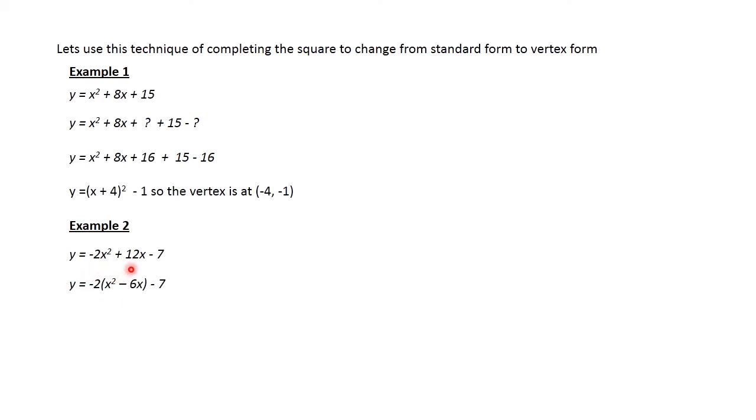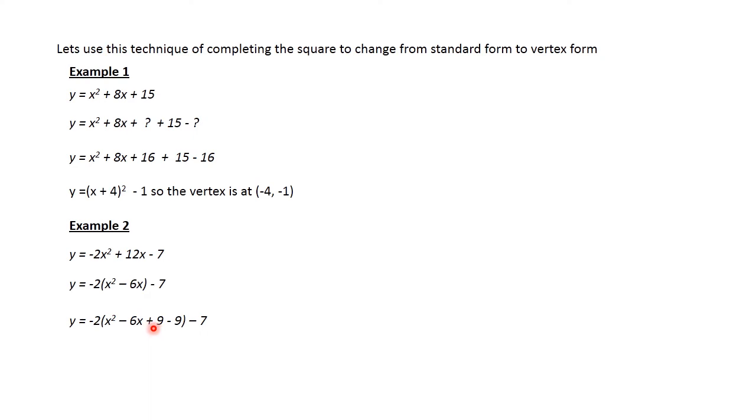Divide that minus 2 into a positive 12x, you're going to get minus 6x. So now we have these two terms, just like we had those two terms up here, and we're going to see if we can add something inside of this bracket to make this into a perfect square. What can we add in? Of course, that would be 9. You divide this by 2, which gives us 3, or minus 3, and we square it, that gives us 9.